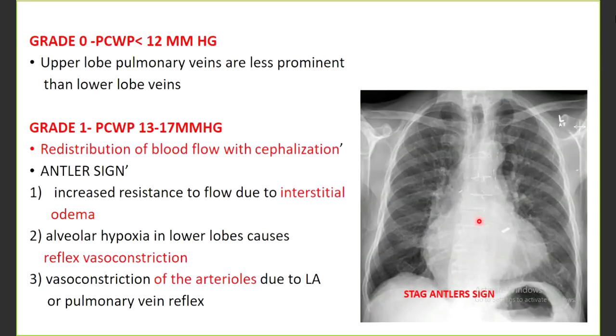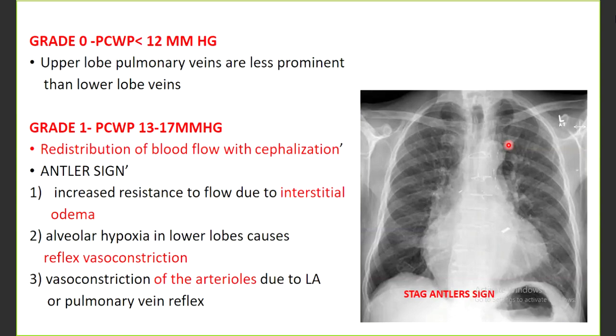The normal pulmonary capillary wedge pressure is less than 12. That is what we see in normal people. So that is a normal X-ray. Whenever the pulmonary capillary wedge pressure or the LA pressure goes more than 12, the upper lobe veins start to get prominent. So whenever you suspect pulmonary venous hypertension or increased LA pressure, the first thing you look for is prominent upper lobe veins.